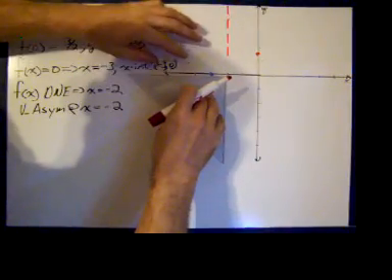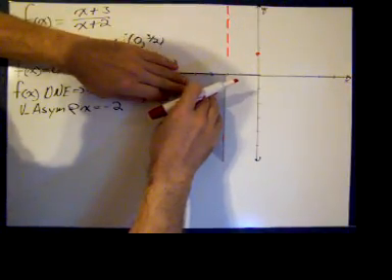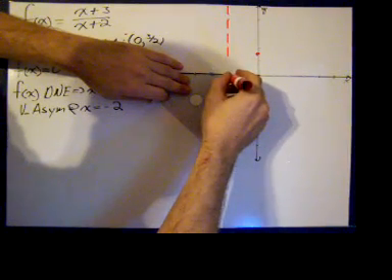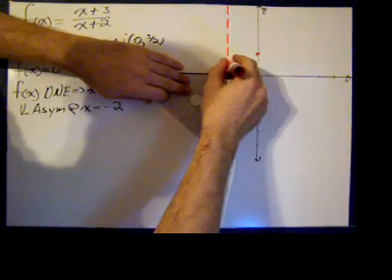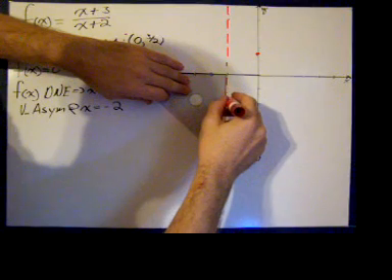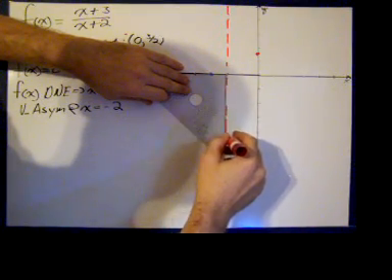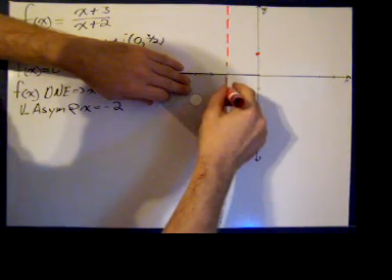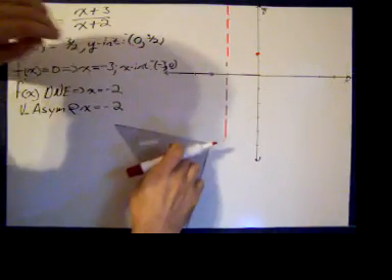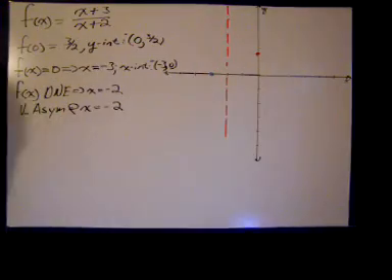I'll extend, ooh, didn't come out, did it? Make it a little bit better. There we go. We have a vertical asymptote at x equals -2.